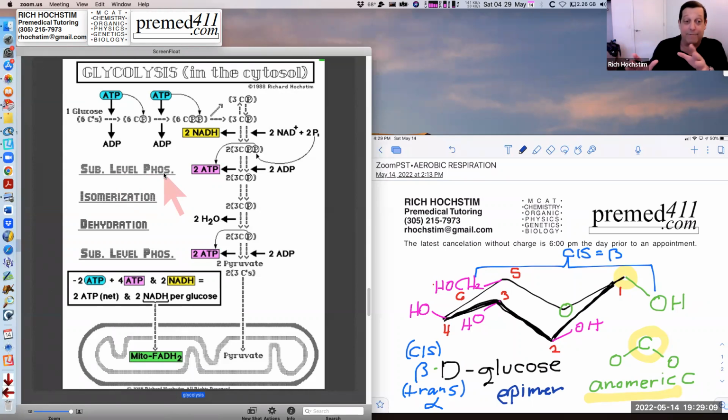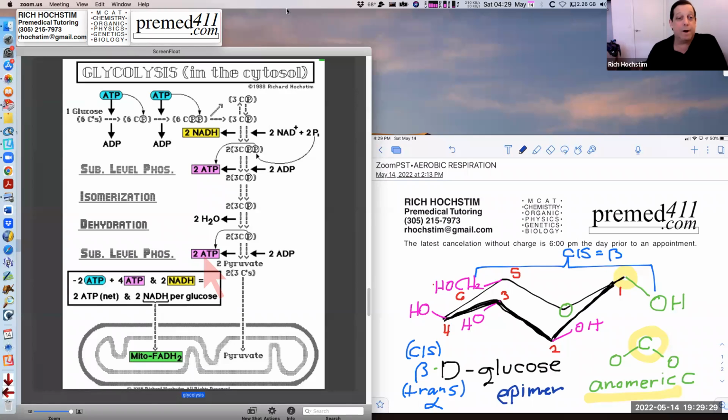That's what substrate level phosphorylation is. And isomerization means there's been no change in the molecular formula, just the molecular structure. Dehydration, loss of water. And then, of course, the second substrate level phosphorylation.